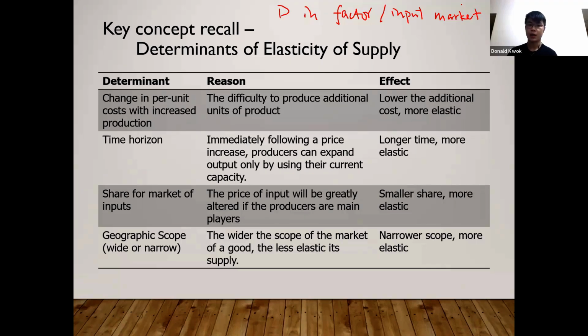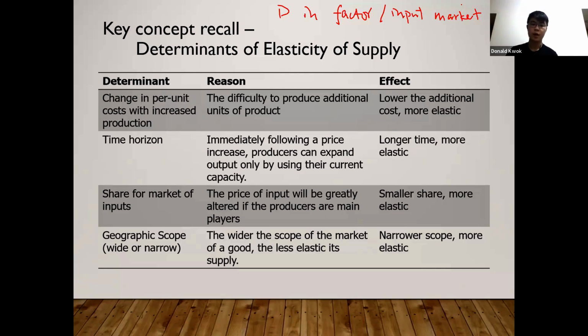And this would lead to a huge increase in the demand for input, and thus a huge increase in the price of input. And this actually goes back to the first determinant about the increased cost to produce more units, right? So if you are a large buyer in this input market, it would cause a drastic increase in the price of input, and thus it will be harder for you to expand your production, less elastic supply. Okay, so largest share, less elastic; small share, more elastic supply.